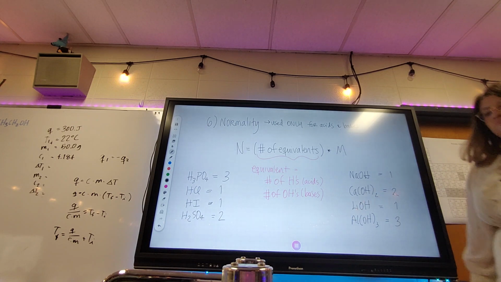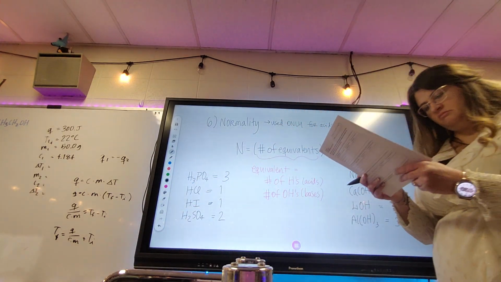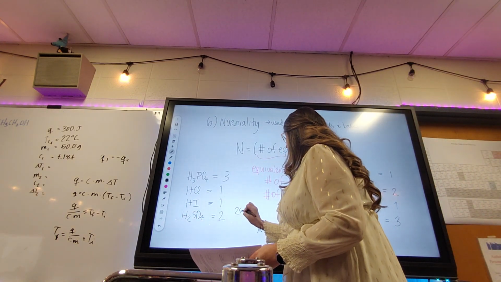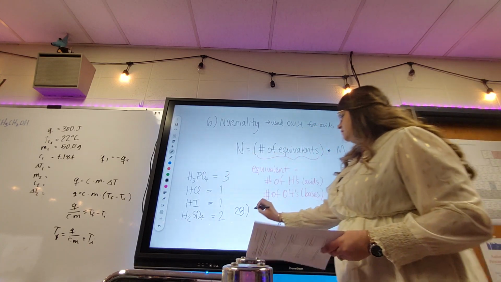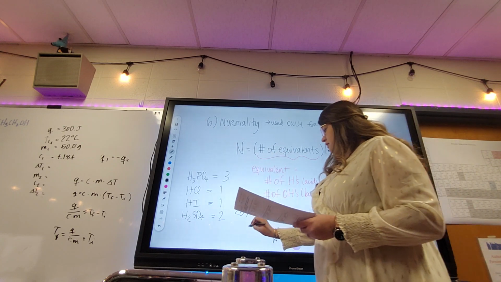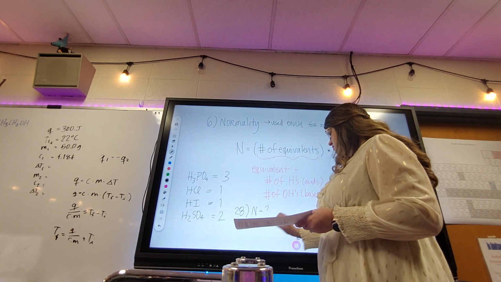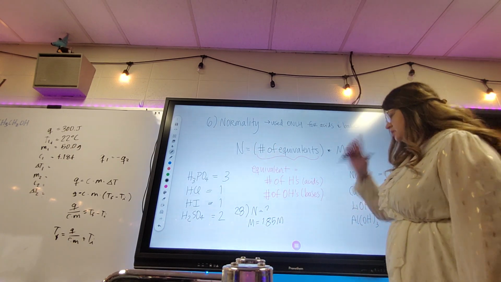All right, so let's do an example of this. Let's look at number 28. I'm just going to try to fit it in right here. What is the normality? So big N equals question mark of a molarity equals 1.85 H3PO4 solution.